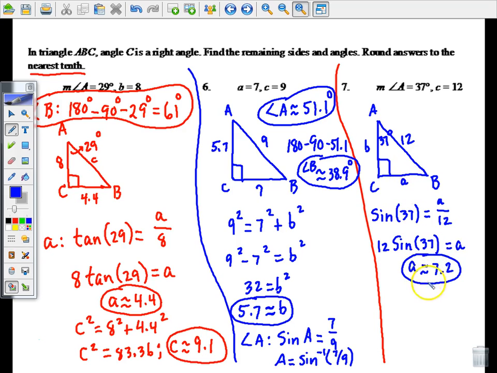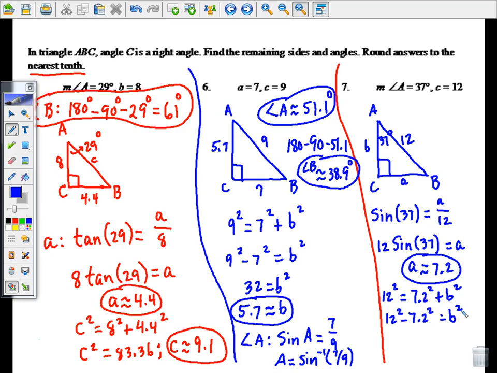All right. So now we can use the Pythagorean theorem to find the other side. So hypotenuse squared equals one of my legs squared plus the other leg squared. So calculator, let's subtract to solve for b squared.